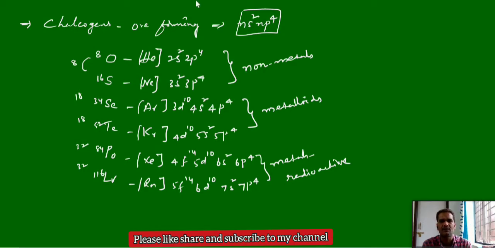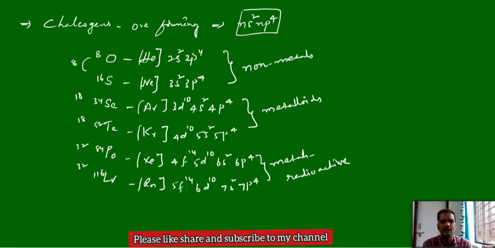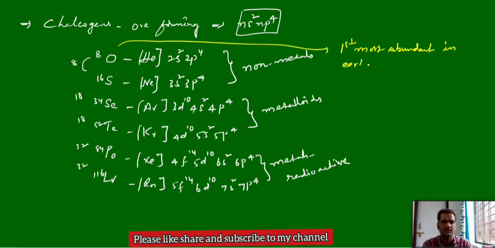If you see oxygen, it is the most abundant element in the earth's crust. After oxygen we have the second element silicon, next aluminum, next iron, next calcium and so on.